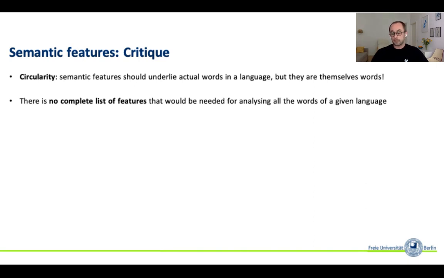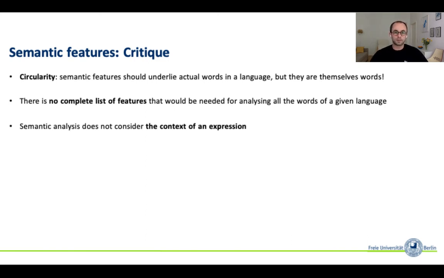Right, another thing is that there is no complete list of features that would be needed to analyze all words of a given language. Right, so we keep coming up with new features as we analyze different words.